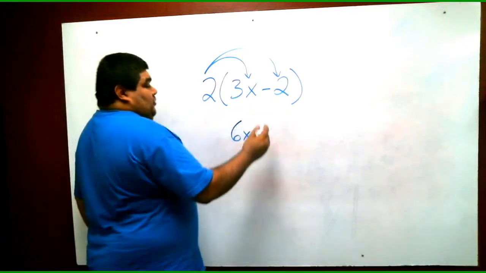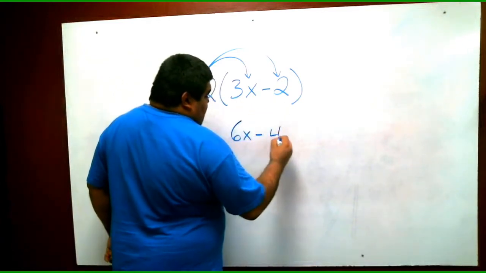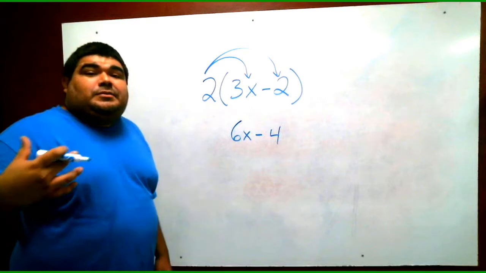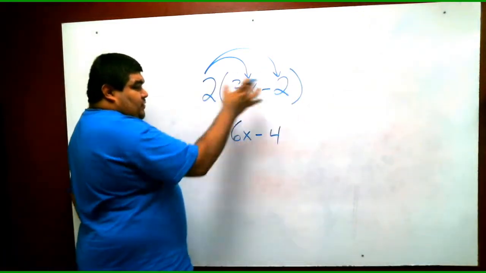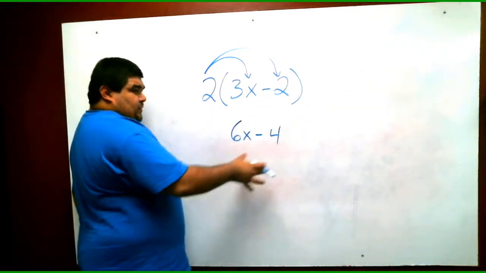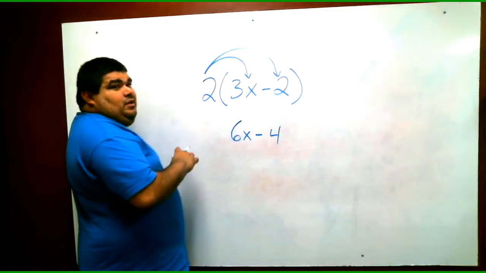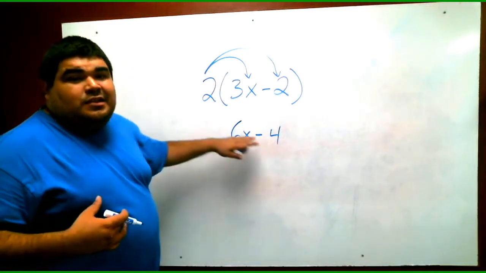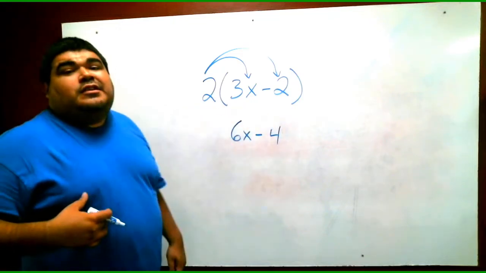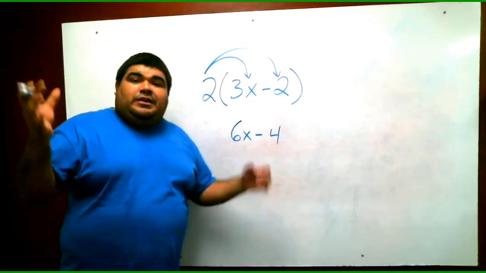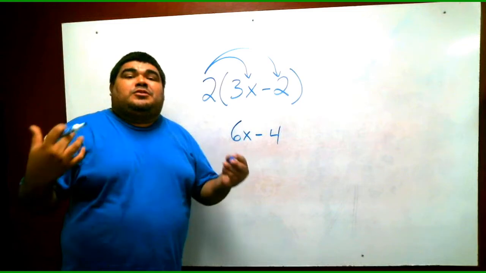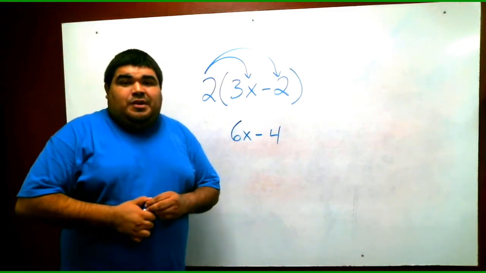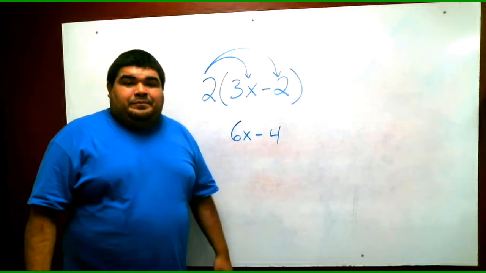And then 2 times 2 is negative 4. So we did substitution. What we did is we got rid of a bigger number, we made it smaller. We substitute the problem. This is still the same value as this. The only difference is smaller, we combine things together, we substitute. So substitution property is that.